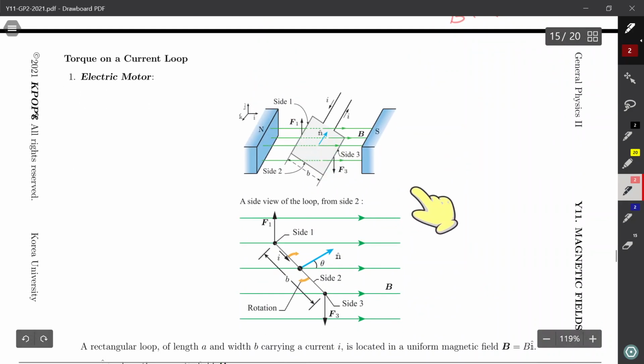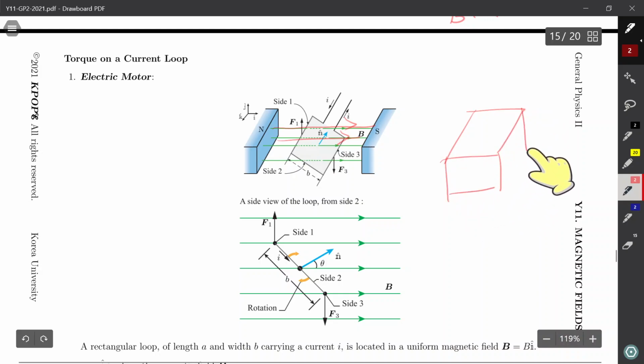Torque on a current loop. For example, the magnetic field is to the right, and here the current is flowing. Consider case 1.